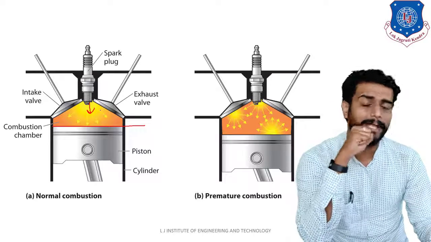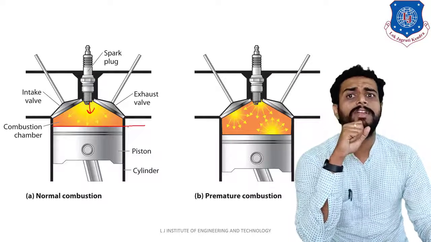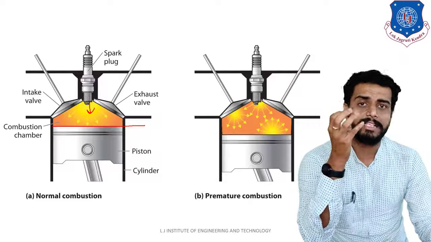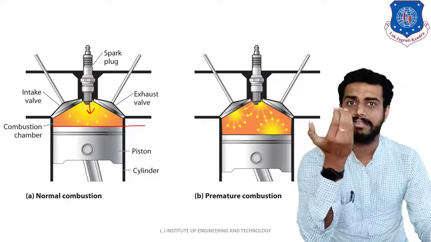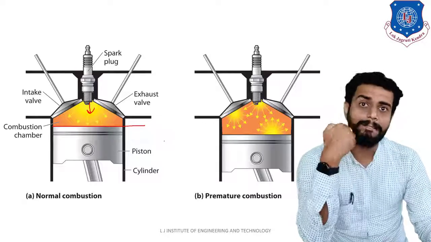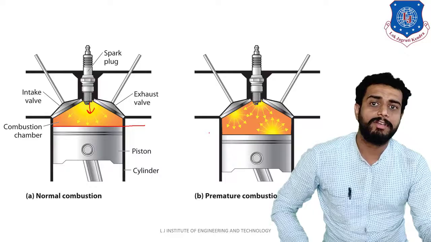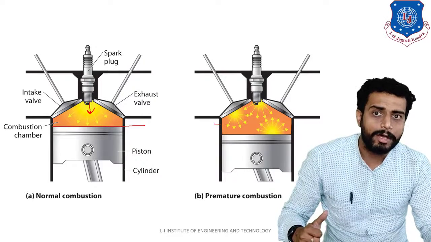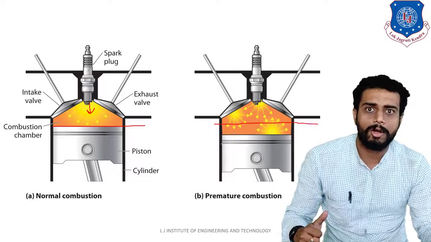So what will happen? If you increase the compression ratio R, then the pressure and temperature inside the cylinder cavity will increase. As a result, see, this was the position for top dead center.